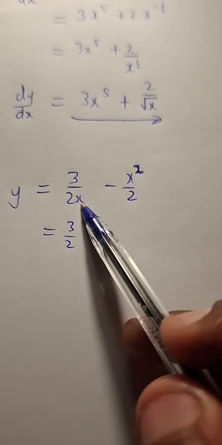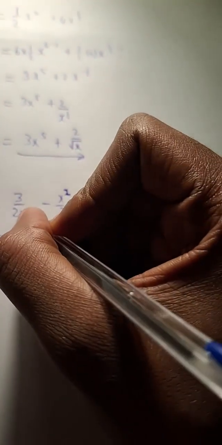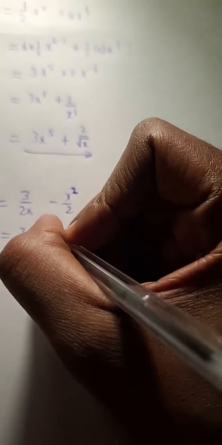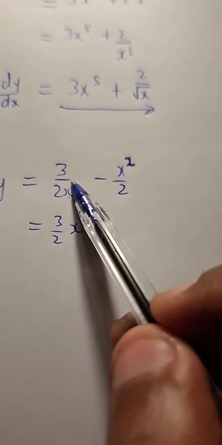Then this x that's in the denominator, we use the exponential definition: we move the position of the x to the numerator and then we raise it to the negative exponent, because the x here has a positive exponent.